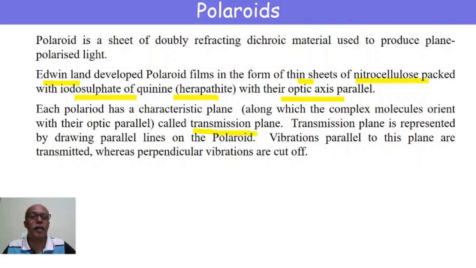The transmission plane is represented by drawing lines parallel to one another on the Polaroid film or sheet. The vibrations parallel to these lines will be transmitted, whereas all other vibrations are filtered off and not allowed to pass through.